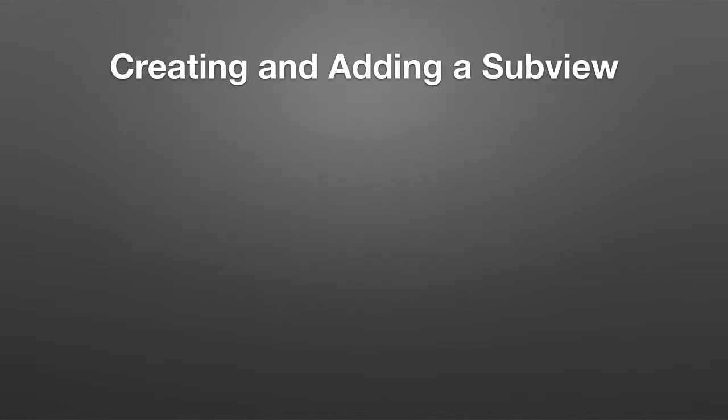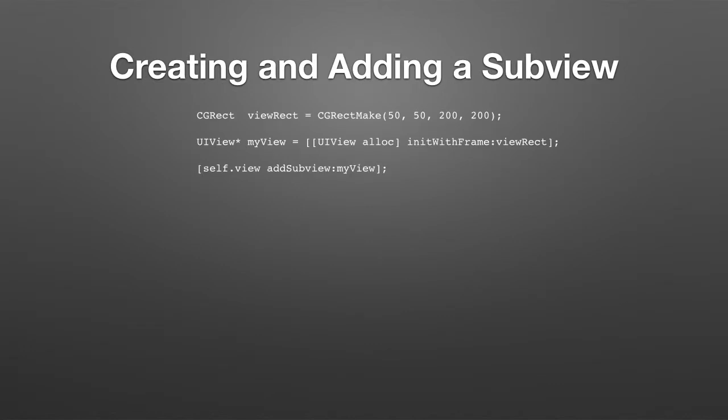We're talking about views here. Now, how do you create a view? How do you add it as a subview? Well, first you have to create a rectangle which defines the origin of the view and its size. Then you create the view, using the standard UIView alloc and then initWithFrame, and the frame is the view rect that was just created in the previous line of code.